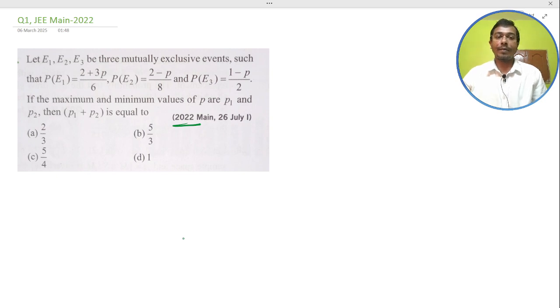If the maximum and minimum values of P are P1 and P2, then P1 plus P2 is equal to what?